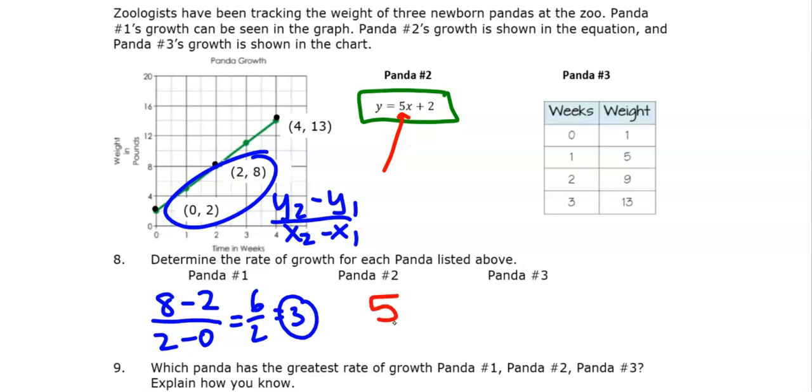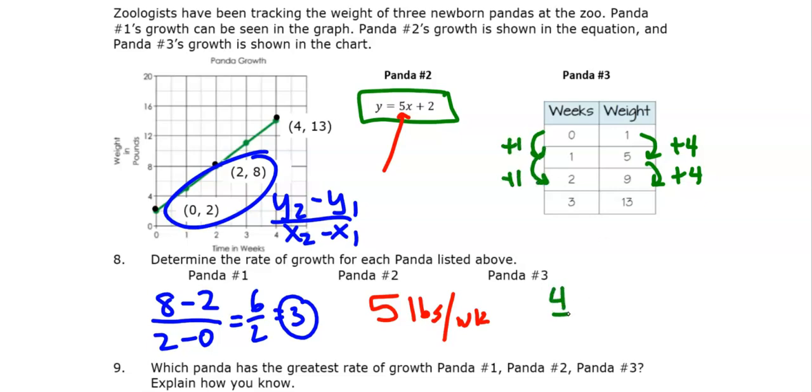So panda number 2 is growing 5 pounds per week. And panda number 3 is shown in the chart. It looks like it's growing 4 pounds every 1 week. So that's 4 pounds per week.